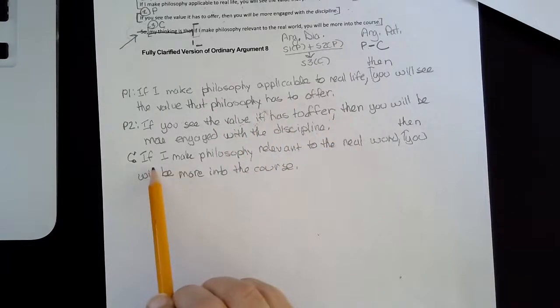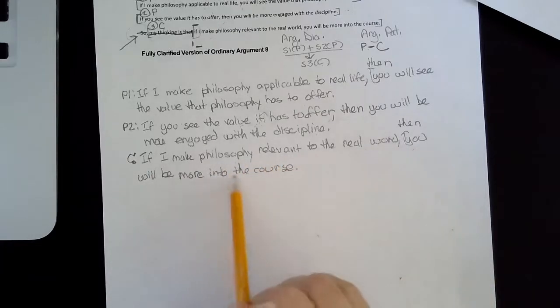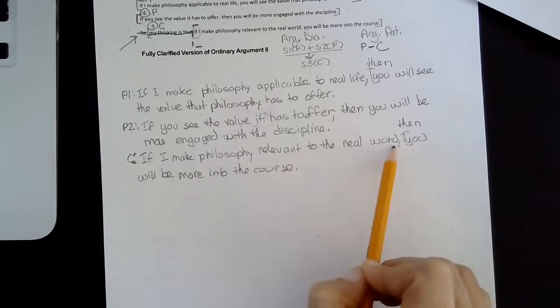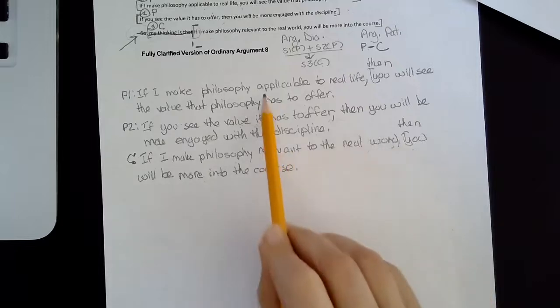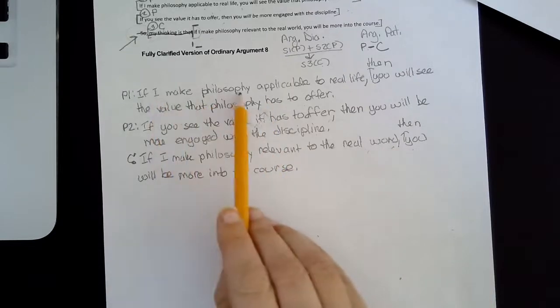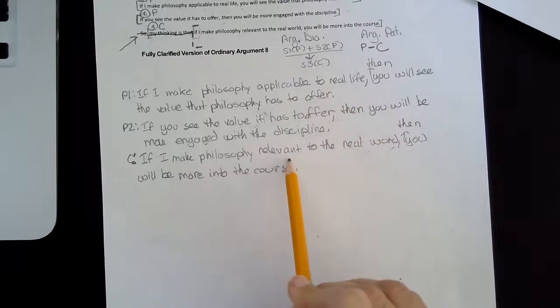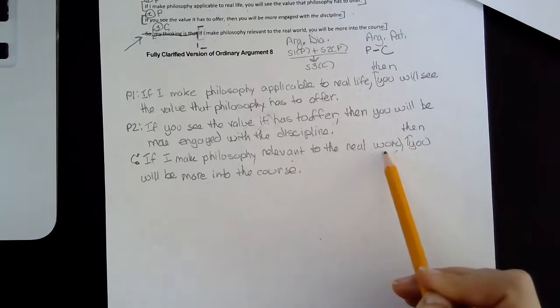What about down here? If I make philosophy relevant to the real world, then you will be more into the course. Okay, so here it says relevant to the real world. Did I say something similar to this phrase up here? Yes. If I make philosophy applicable to the real life, here I say the same thing in different words, relevant to the real world. Okay, so here you could replace either.